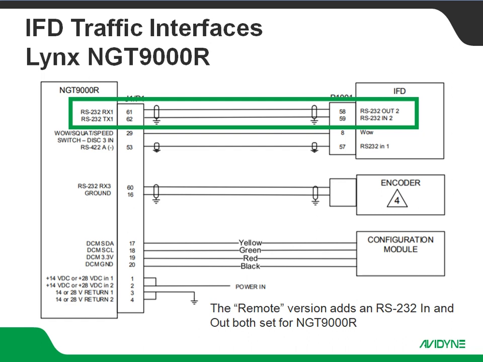If we're talking about the NGT9000 remote, we're actually going to add another pair of RS-232 lines, RS-232 in and out. And on the IFD, we're going to set the in and the out port on that for NGT9000R.